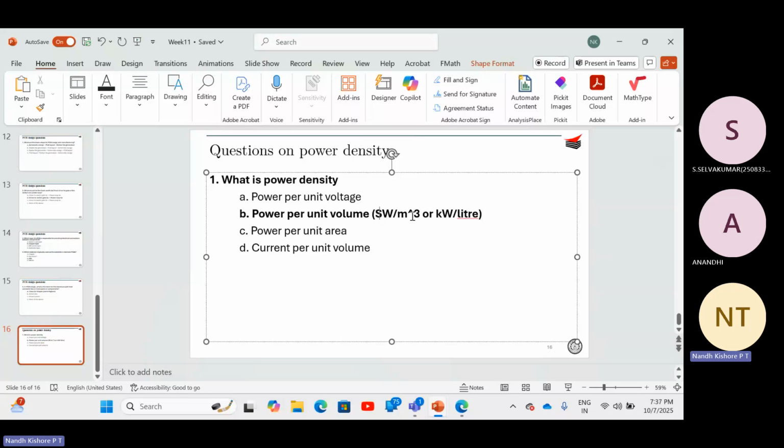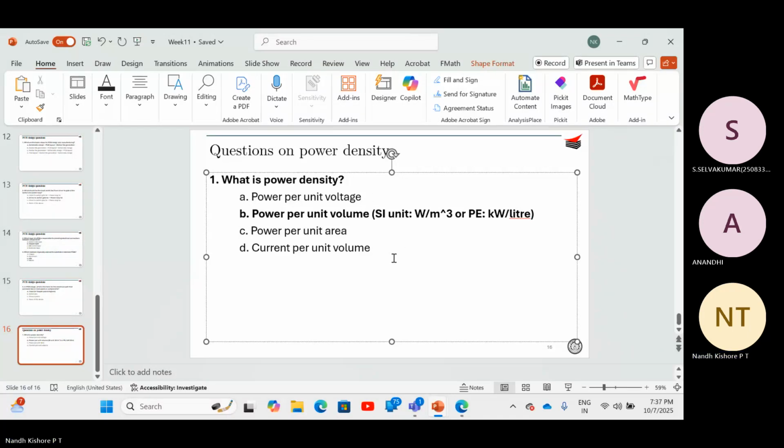SI unit is watt per meter cube, but in power electronics we generally write it in terms of kilowatt per liter. And people use kilowatt per centimeter cube, kilowatt per meter cube, and kilowatt per inch cube, and so on. But this is the idea. Power density is power per unit volume.